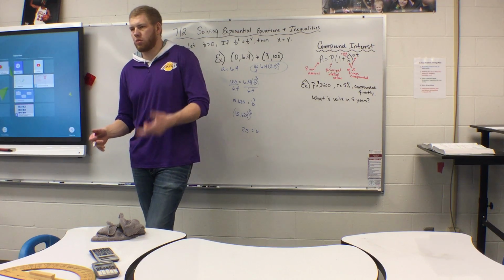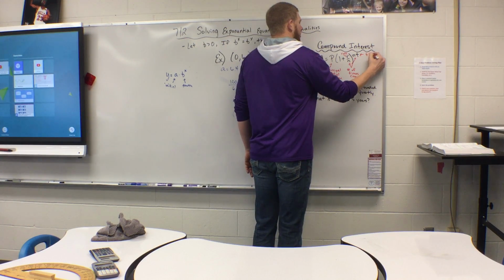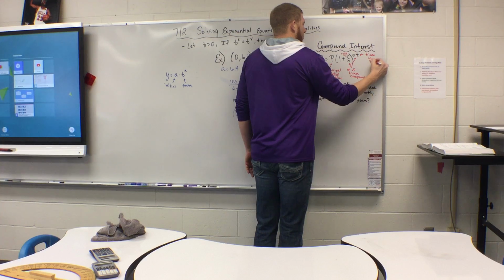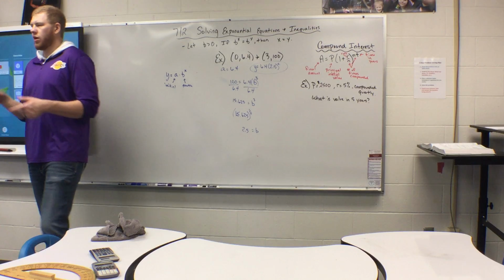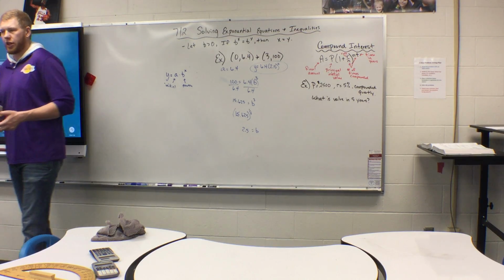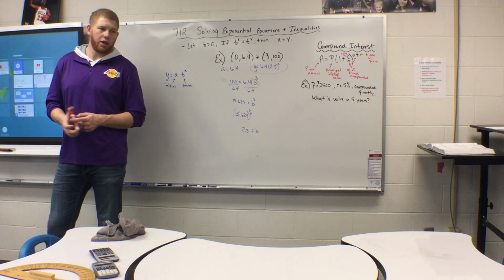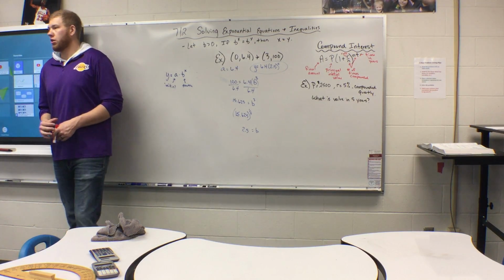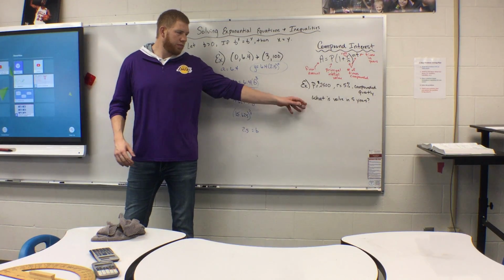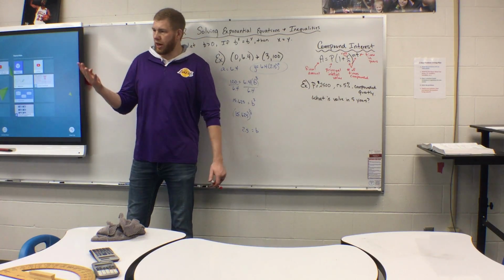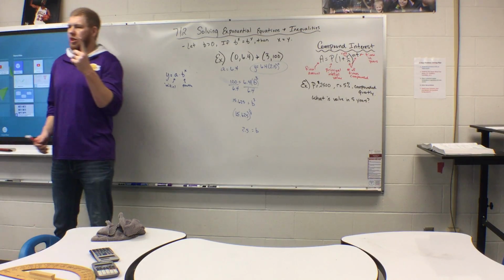T is the amount of time, time in years. So again, monthly would be 12, weekly 52, daily 365. This one has quarterly. Quarterly would be 4 times, and if they said it's compounded annually, once a year, that's 1.